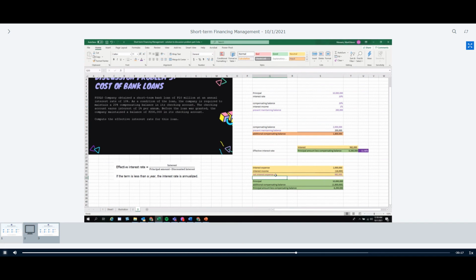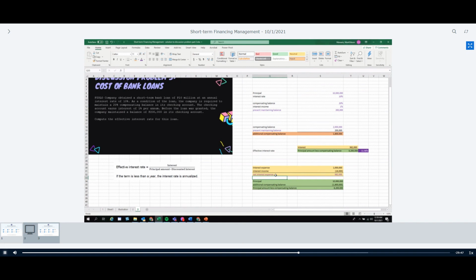Kaya nga sinasabi natin effective interest rate. Technically, it includes everything else, all of the items agreed upon or conditions for a loan. So there's the compensating balance, there's the interest income.